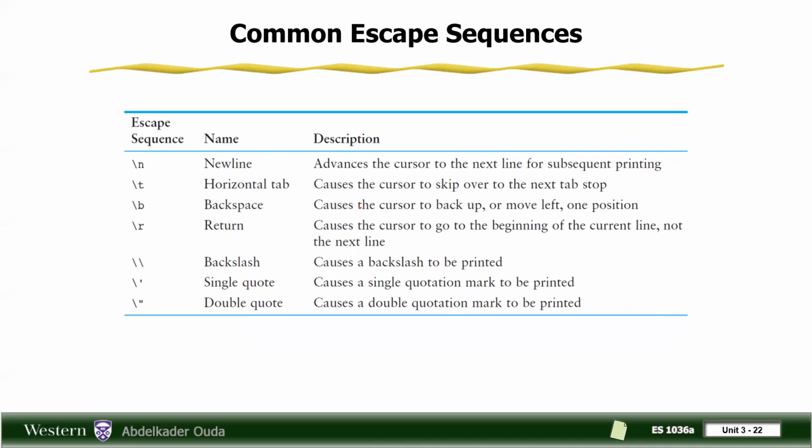So if I use \r instead of \n, the flashing cursor in the console will go back to the beginning of the same line. Double backslash causes a backslash to be printed. If I need to print a backslash, I have to put 2, so one of them will be printed. \' causes a single quote mark to be printed. \" causes the quotation mark to be printed.